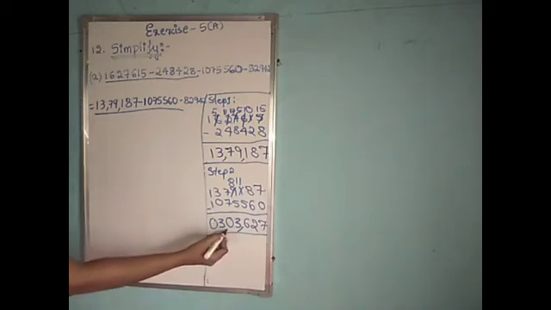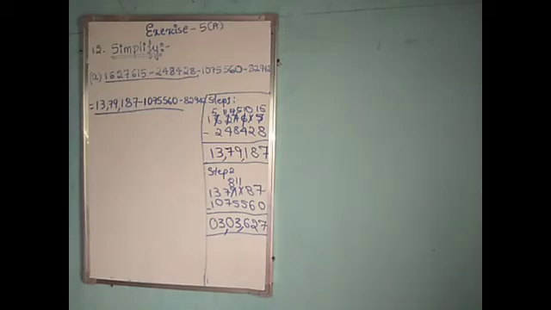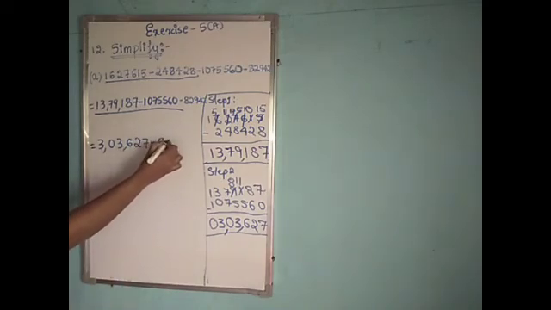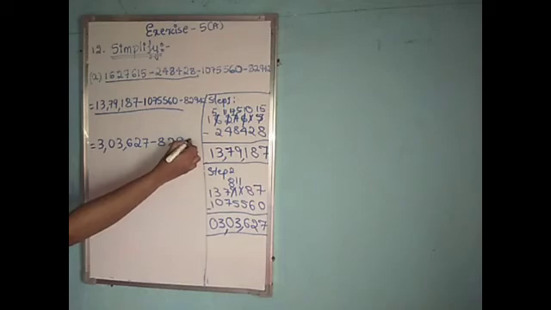So the answer is 3,03,627. So we have to write this answer here, 3,03,627, and write the remaining number as it is, 82,942.